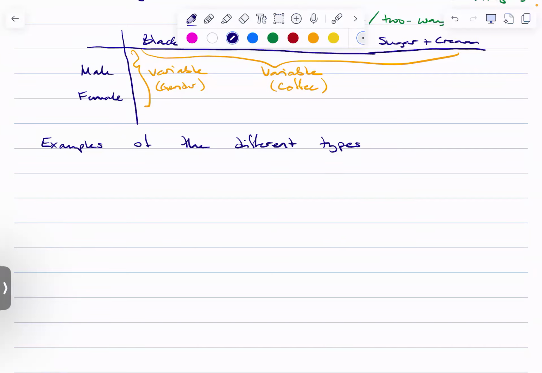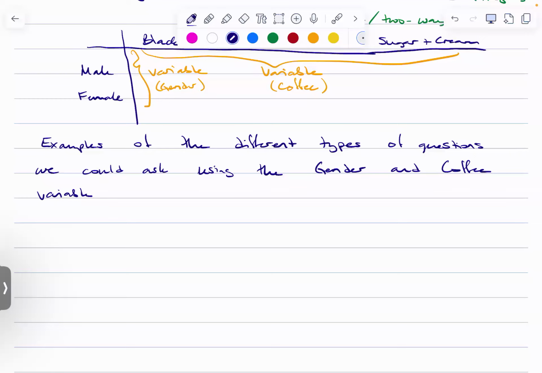So examples of the different types of questions we could ask using the gender and coffee variable, which I just made up, variables above.